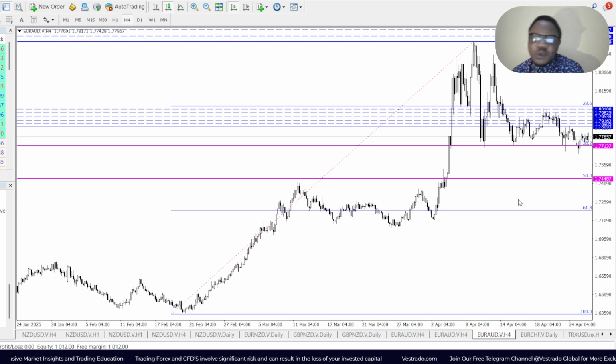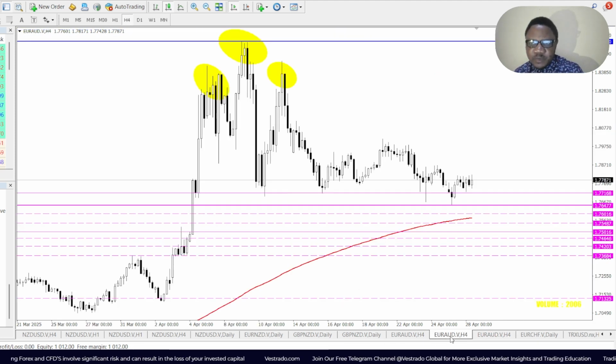But then again, because of the possibilities of a bearish drop on the AUD USD, there is a good chance we could have a brief bullish run before the bearish run. So pay attention to that and wait for the break of the key support level 1.7647. Wait for a clear break of that before you consider lower levels.